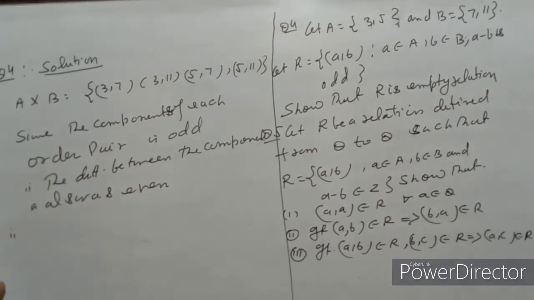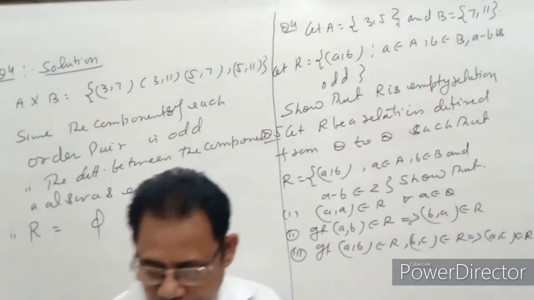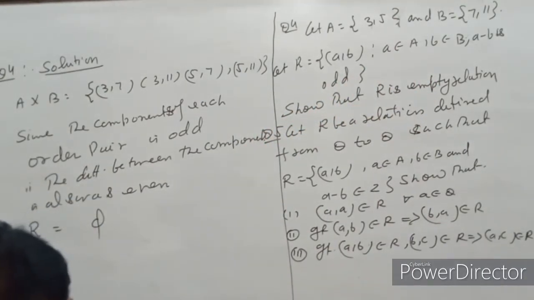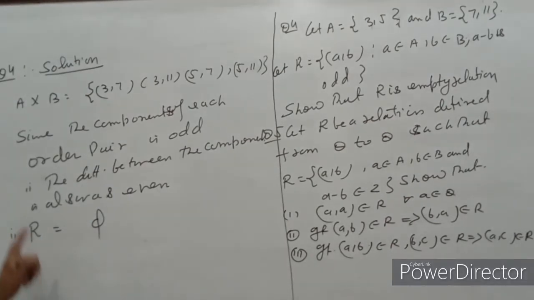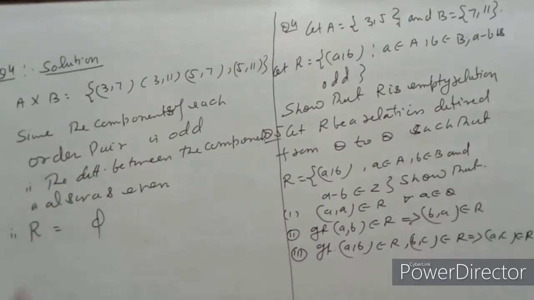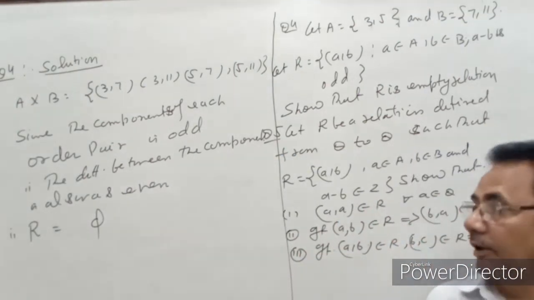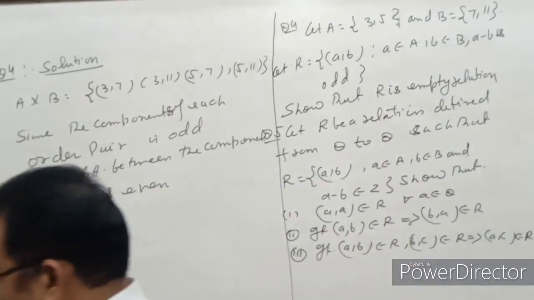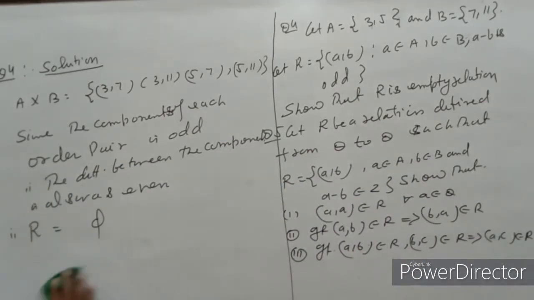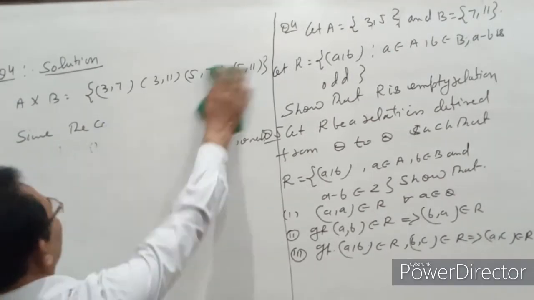So therefore we get no ordered pair which satisfies this condition. So therefore we can say that the relation R defined from set A to B does not contain any ordered pair where the difference of the first and second component is odd. So therefore the given relation is an empty relation.